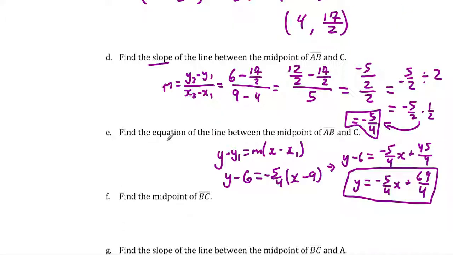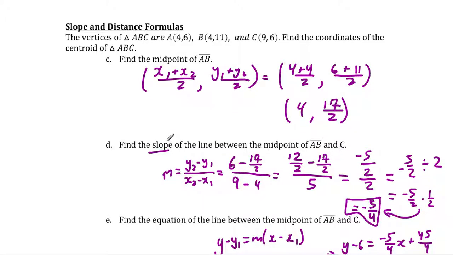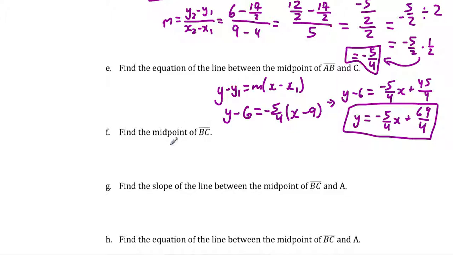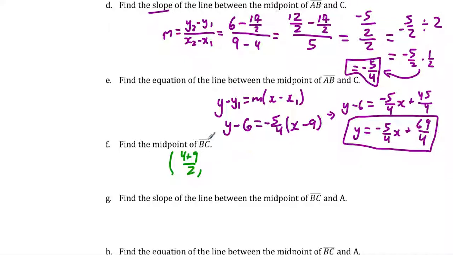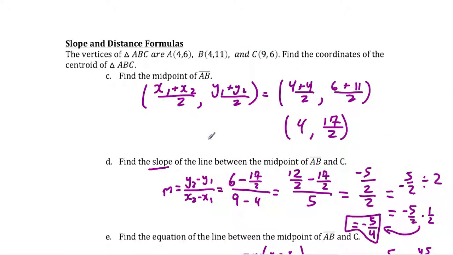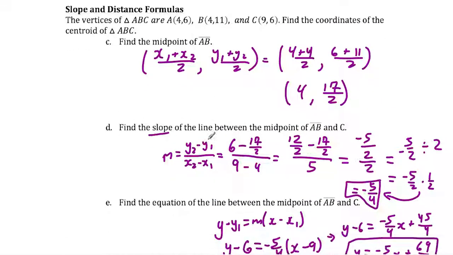All right, now we want to find the midpoint of BC. So BC is again going to be the x's, so that's 4 plus 9 divided by 2, and the y's, which is going to be 11 plus 6 divided by 2.